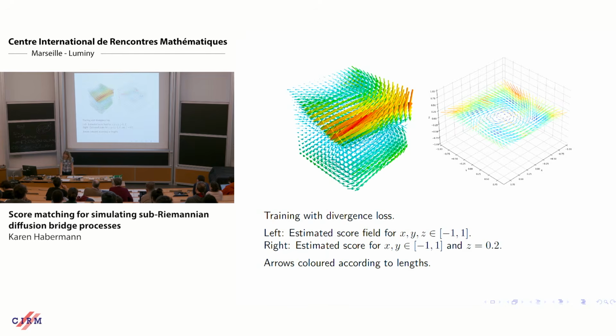And essentially, if you stare at the picture for long enough, you kind of see that this is also what the score does. So what we will care about in the end is a bridge from 0 to somewhere. So to do that, we start at somewhere and want to push the particle back to 0.